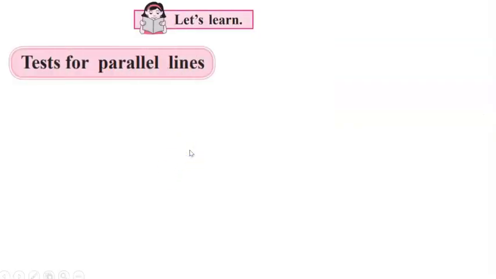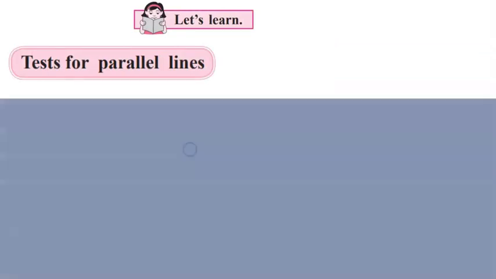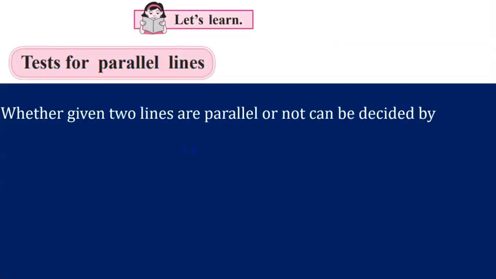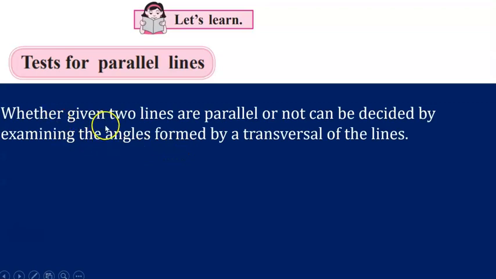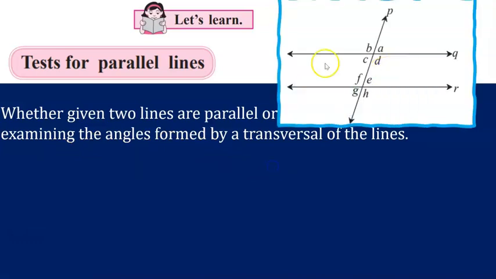Now next, test for parallel lines. Whether given two lines are parallel or not can be decided by examining the angles formed by a transversal of the lines. Now in this figure, line Q is parallel to line R and P is their transversal.